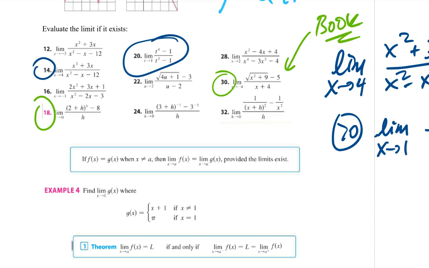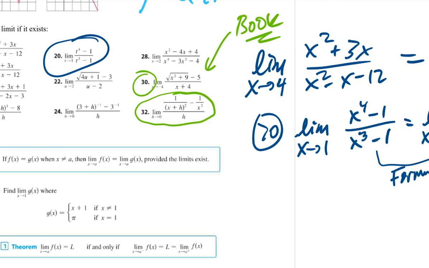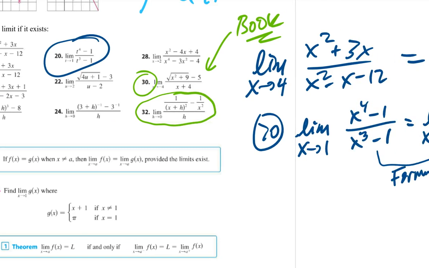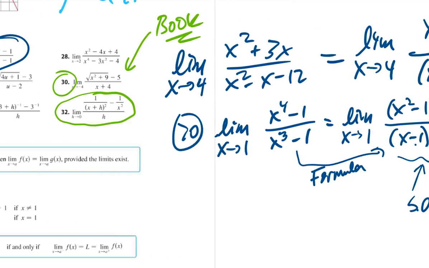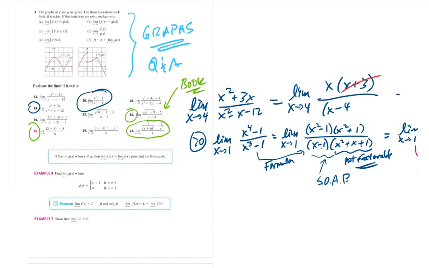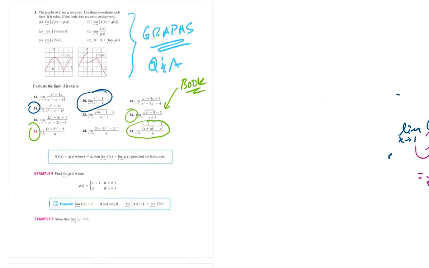I want to do, which one's a good one? I want to do this one here, because this is going to come up later in a different guise. So, looks kind of bizarre, but it's actually very useful. So let me rewrite it.